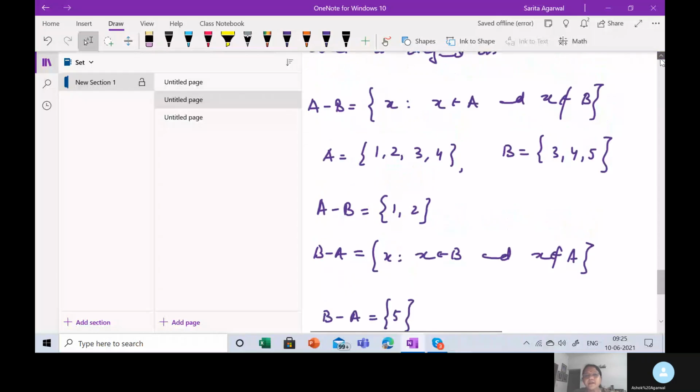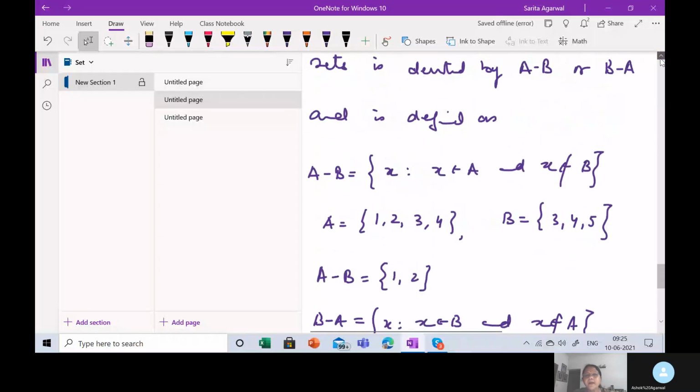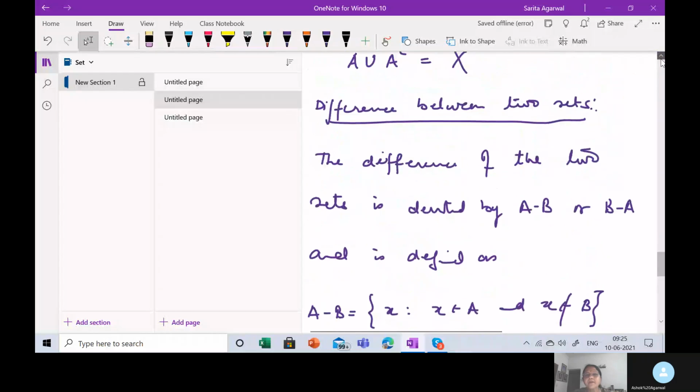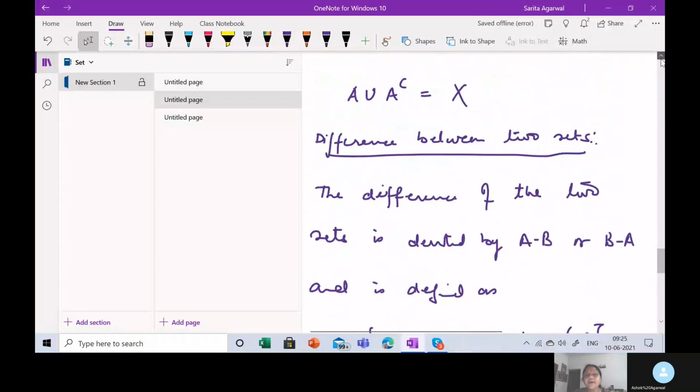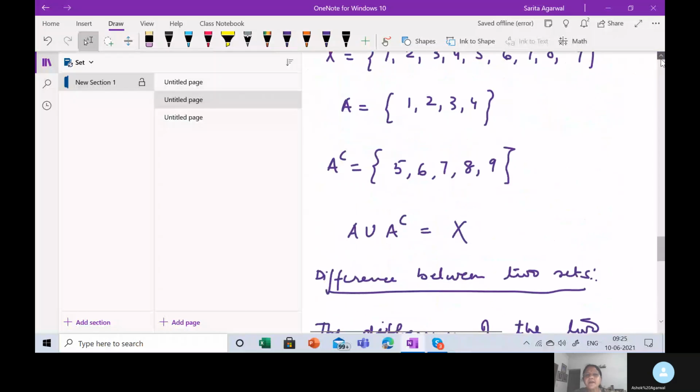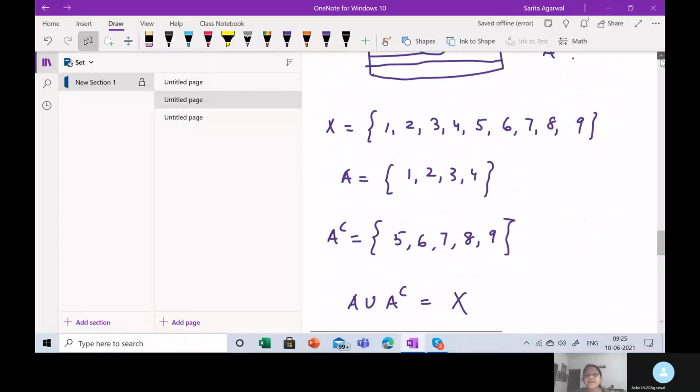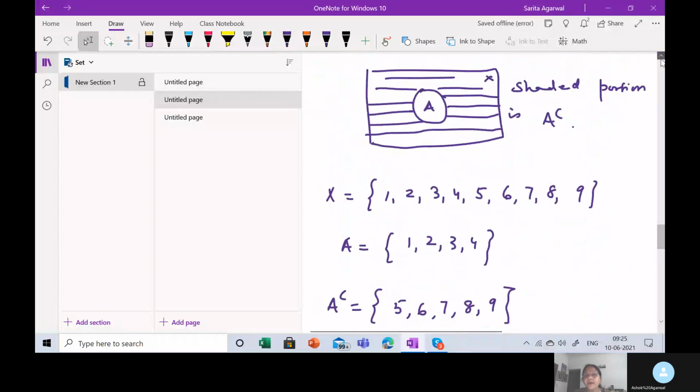If we see here, we have the complement, {x such that x does not belong to A}.